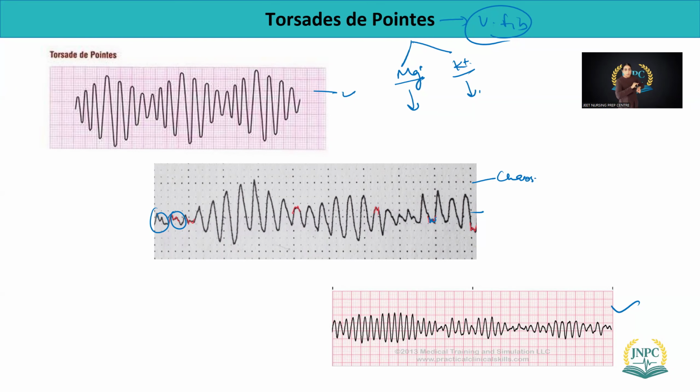Same way, when you give potassium IV, it irritates the peripheral veins and it can damage them. So the best thing, like always, is we dilute it and give it via infusion pump. And if a central line is there, we prefer that instead of peripheral. But if you give a tablet of potassium orally, it can irritate the GI.